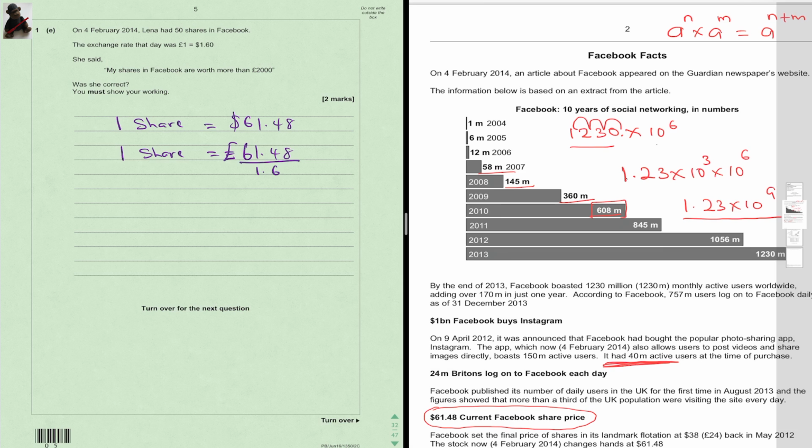Now what we need to do is find how much 50 shares are worth. So 50 shares will be 50 times 61.48 divided by 1.6, and that will be £1920.25.